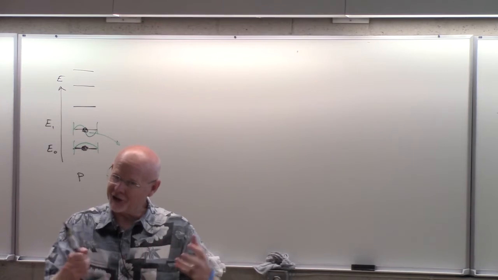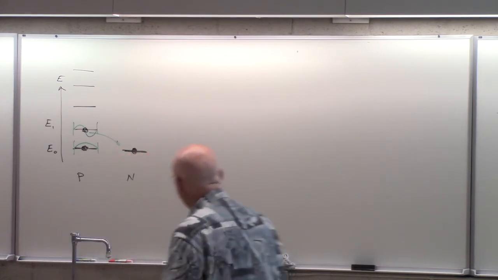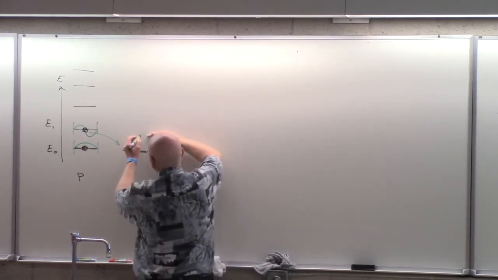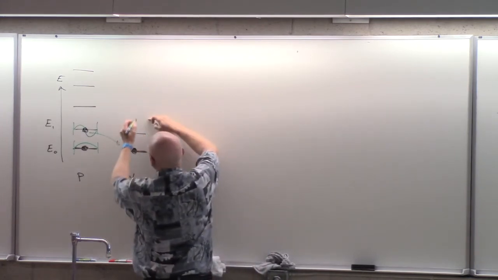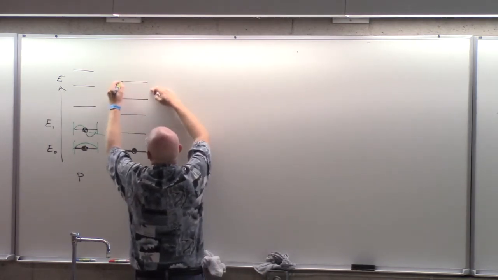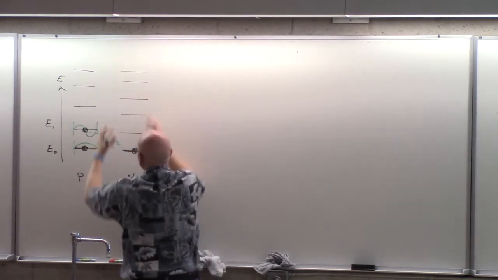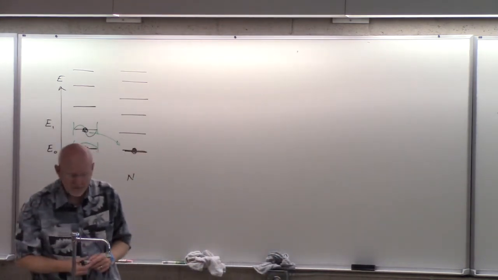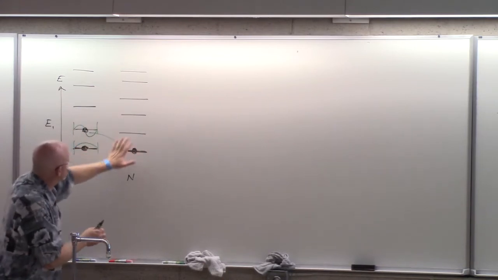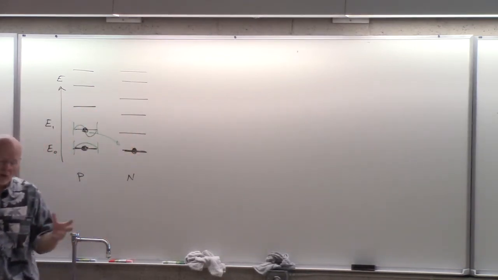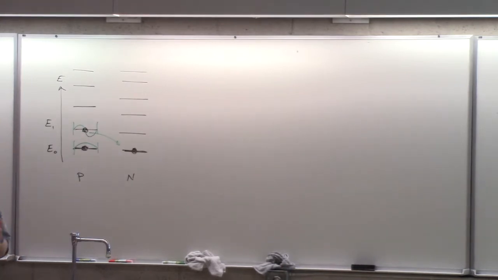Remember, like charges repel. So I say that because if I were to draw the energy levels for the neutron, they would be closer together. And so down here at the lower level, the atoms would be happy or stable if they had the same number.